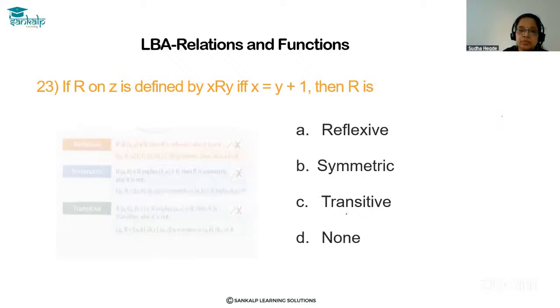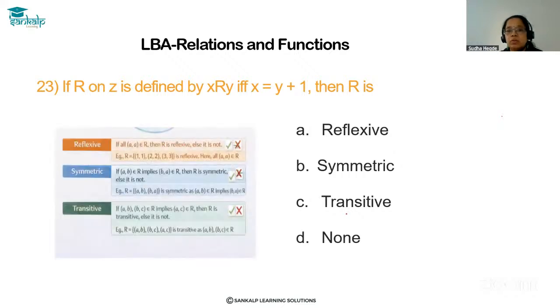The relation is on Z, defined as x is equal to y plus 1. Check whether it is reflexive or not.